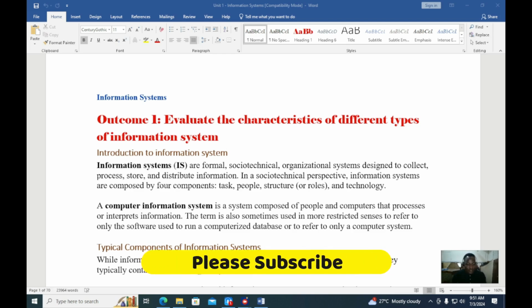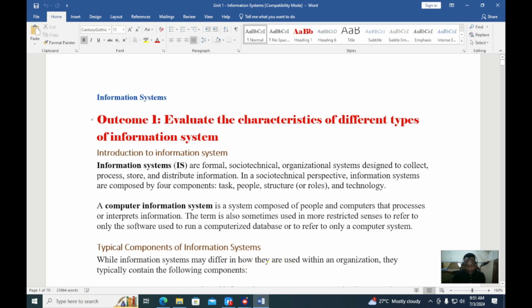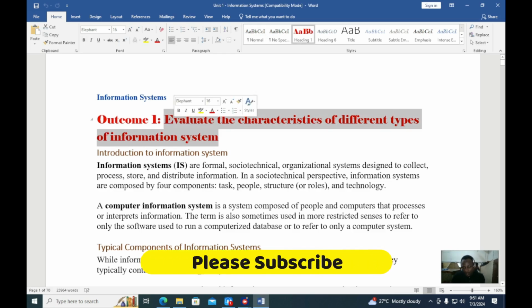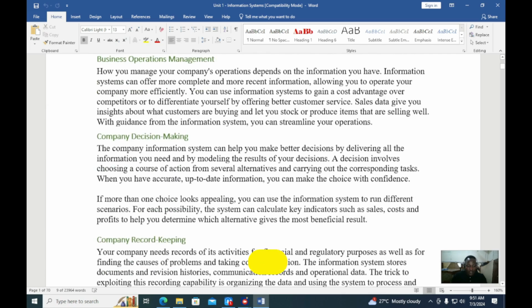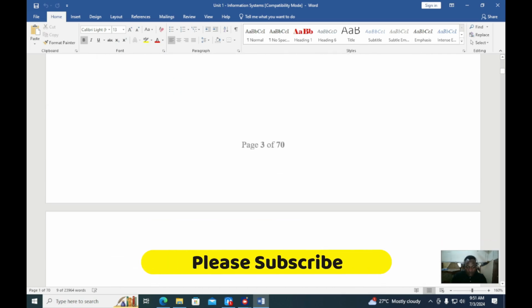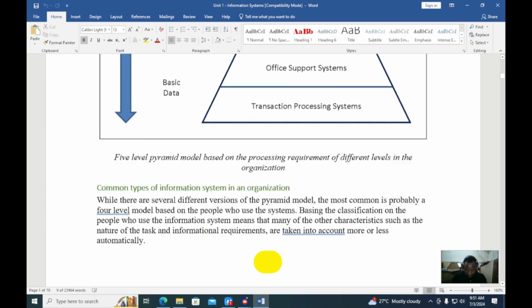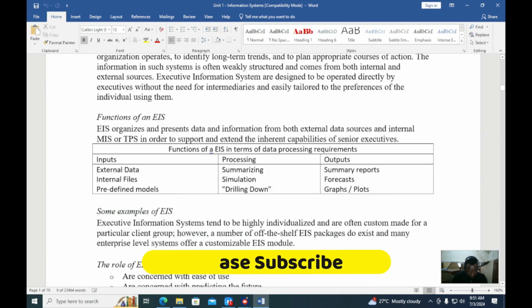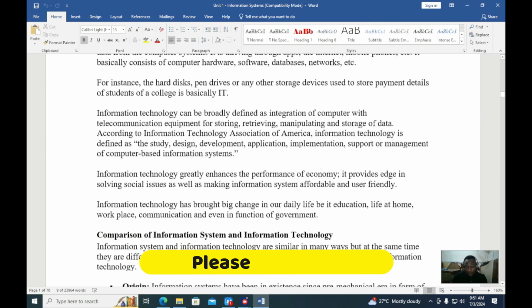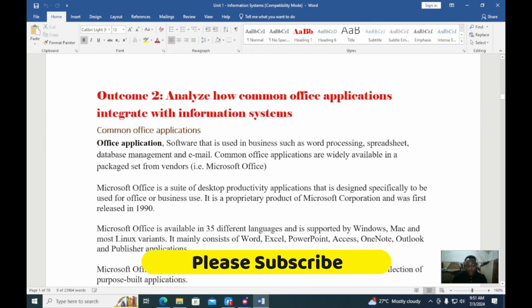And the first outcome is we should be able to evaluate the characteristics of different types of information systems by the end of this unit. That is outcome 1. And the second outcome focuses majorly on analysis.